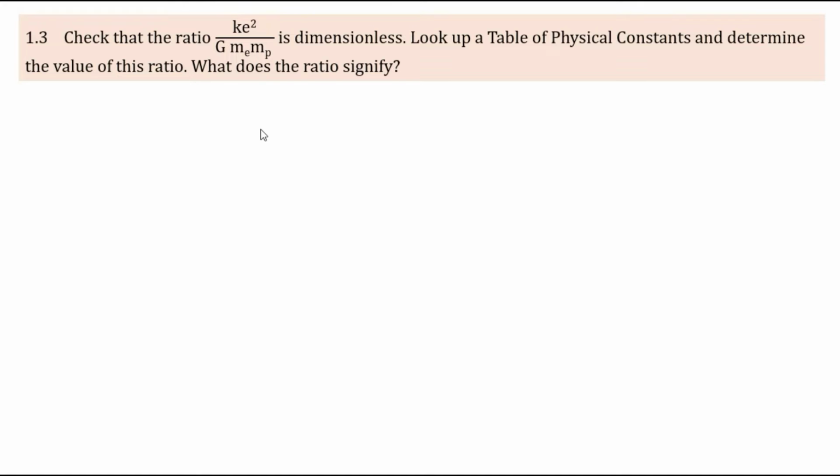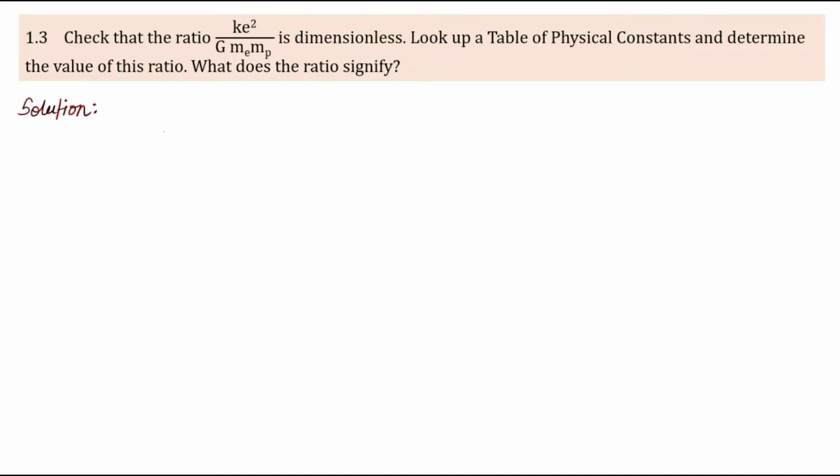We can find the final value of the given ratio by substituting their corresponding values. And then we have to conclude what this ratio actually signifies. So there are three steps we have to follow. In the first step, we will check whether the given ratio is dimensionless or not.